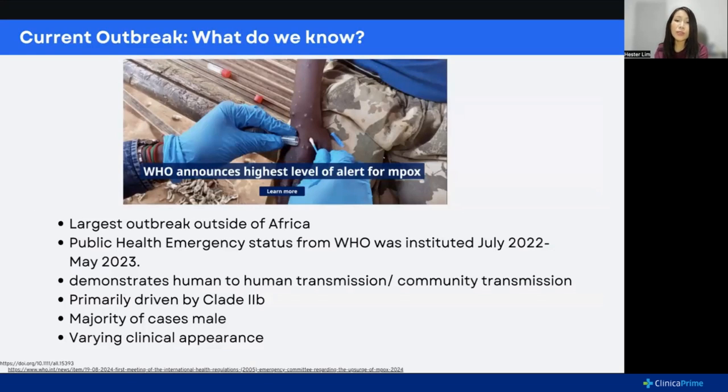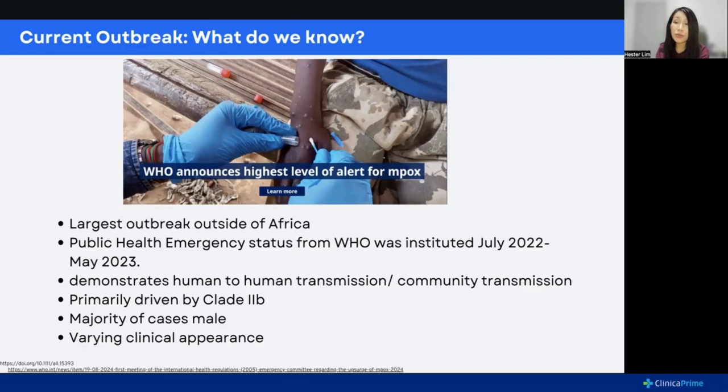So the 2022 outbreak was described as the largest outbreak outside of Africa. And so the WHO did grant it an emergency status back in July 2022, but they ended it in May 2023. And the reason they initially started the public health emergency status was because they were able to recognize human-to-human transmission of the condition. However, in 2022, this is really driven by clade 2B.